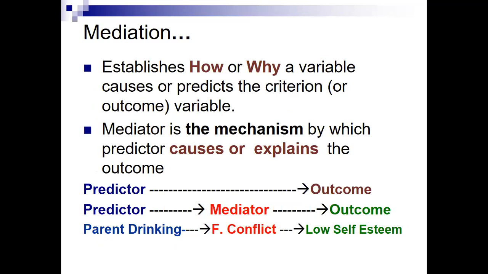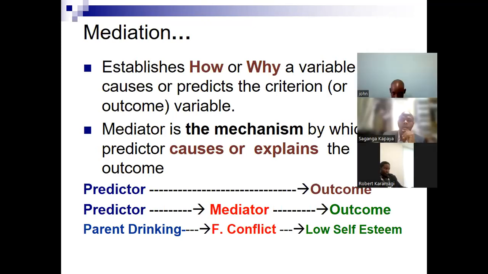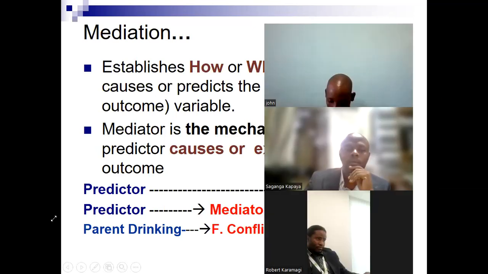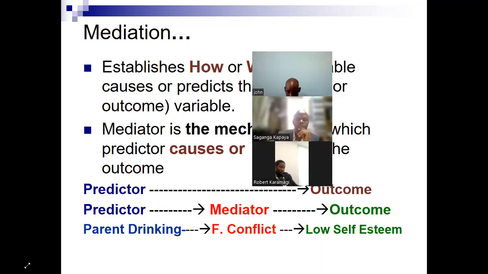Okay. So for example, we are talking of X and Y. Now Y is our outcome variable. Now I think today we don't have the other guy who will be muting you.